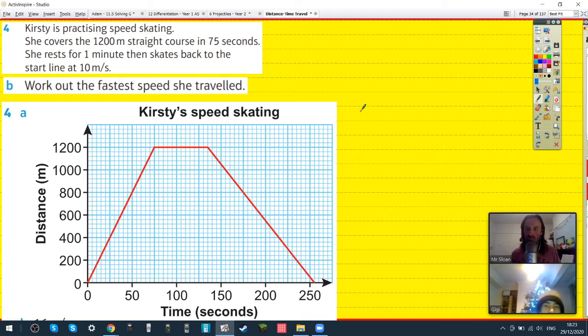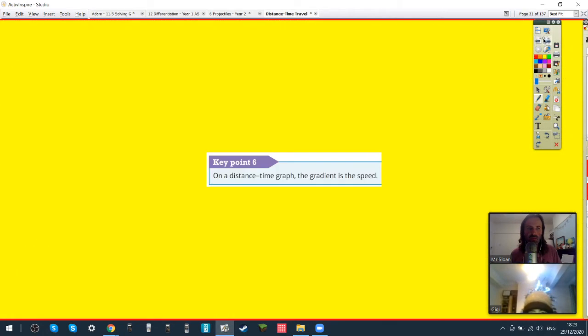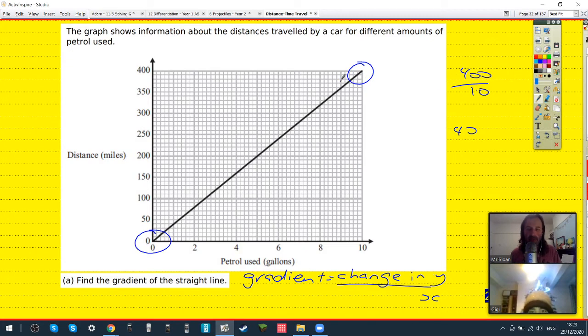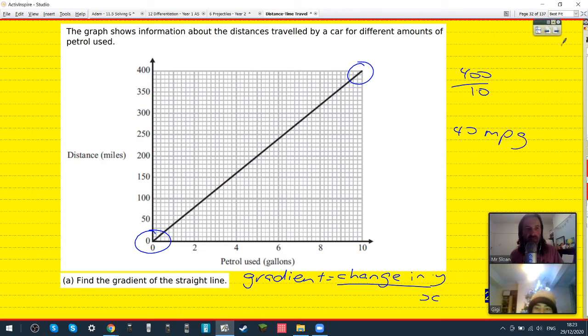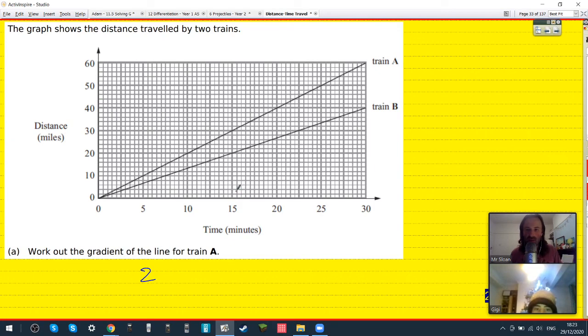How would you do this? So this 40, that was distance divided by, well, in this case it's miles per gallon. This one was a distance time graph, and so the gradient gave you the speed. This was miles per minute.